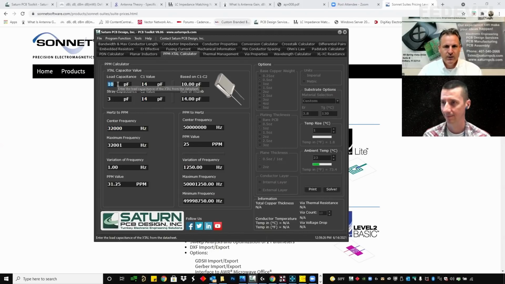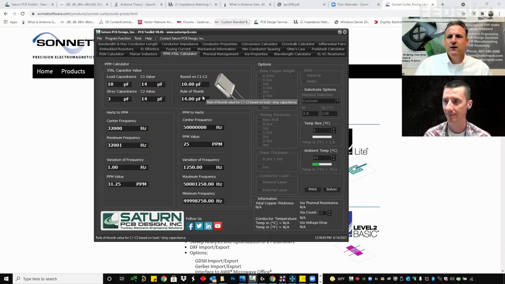You open up the data sheet of the crystal, and it'll give you a load capacitance value, possibly a straight capacitance value, because there are 2 ways of doing this, by the way. This will generate my C1, C2 values. There's also a rule of thumb, which off the top of my head I just don't remember. I'd have to put a note in there, but it'll give you those values.